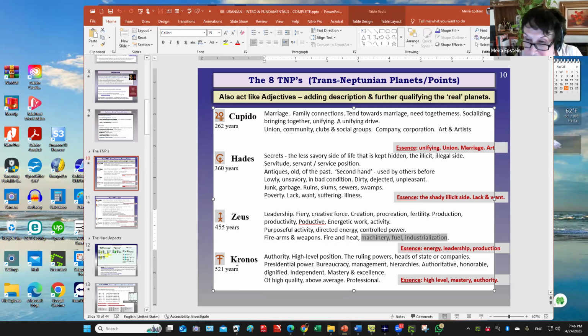For Kronos, the essence is high level mastery and authority. And if you remember these keywords, the rest is derivations, not difficult to remember. Okay, let me continue with the others, and then once I do the others, then we're home free on this topic. So the next four.